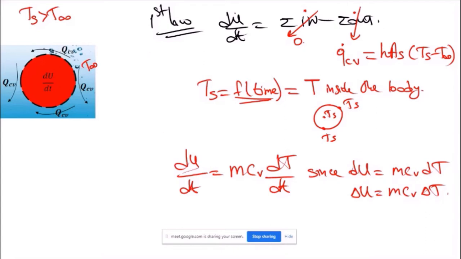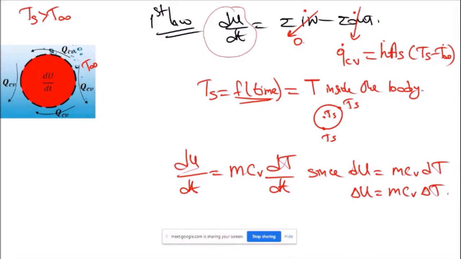This is the change of internal energy with respect to time, and this is the out quantity, which is by convection, by Newton's law of cooling, h As (Ts minus T infinity). We are saying that T infinity is constant, h is constant, As is geometry, so it is constant.